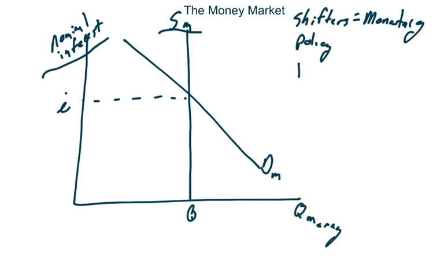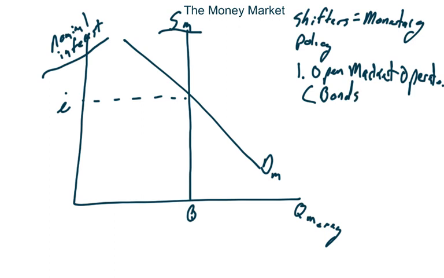The supply of money, the first one is open market operations. What are open market operations? That is a very good question. Basically, guys, when we're talking about open market operations, we're talking about the buying and selling of U.S. bonds.